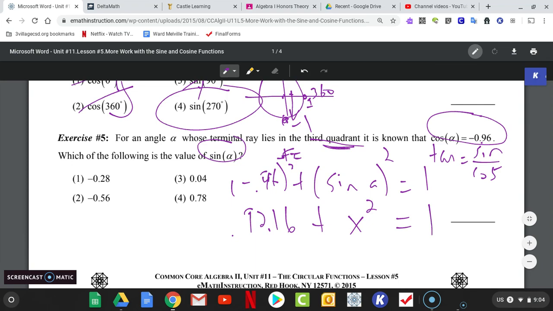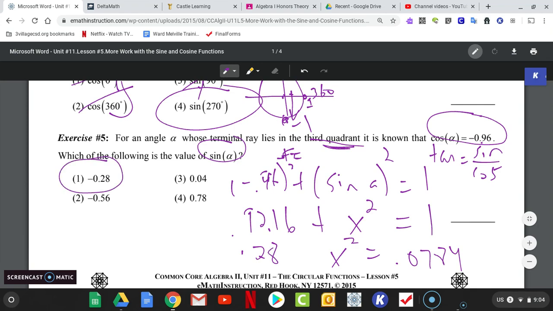1 minus 0.9216 gives you x squared, or sine A squared, equals 0.0784 is what you should get. And now I got to take the square root of that, all right? And you'll get 0.28. But then you might say to yourself, well, why is it negative?